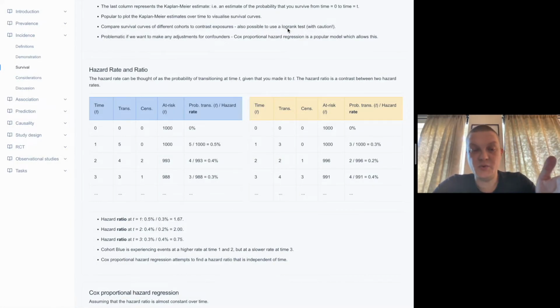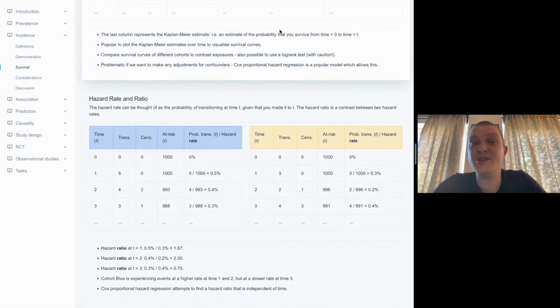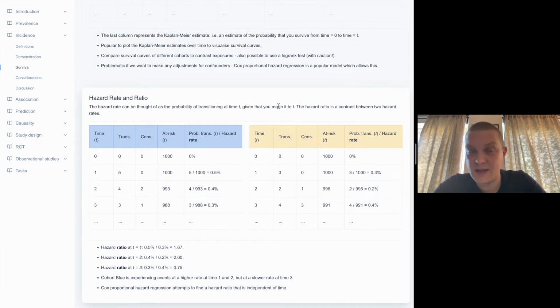To get to Cox proportional hazard regression, we're first going to have to define the hazard rate and the hazard ratio. The hazard rate can be thought of as the probability of transitioning at time t given that you made it to time t. We've actually already seen it in the example above with the Kaplan-Meier. We're just going to look at it again here.